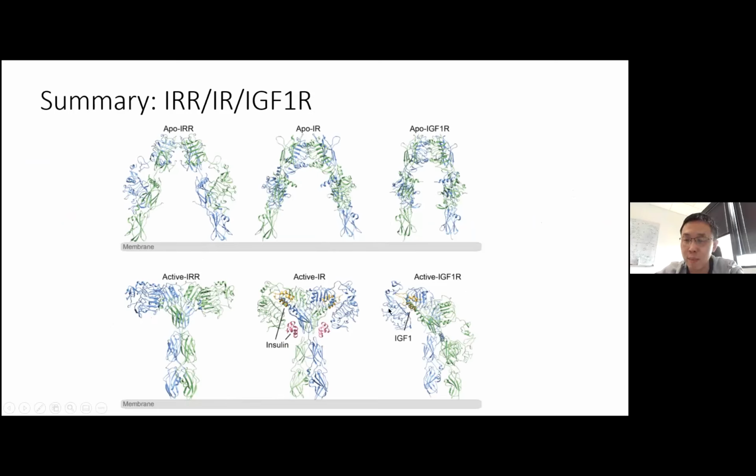For the IGF-1 receptor, only one IGF-1 is enough for activation, and the ligand binding to the receptor involves strong negative cooperativity. And for the IRR, there is no ligand involved, activation is purely by the pH change.